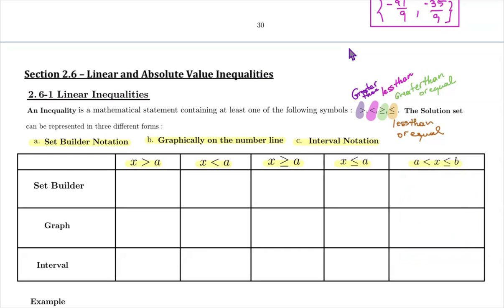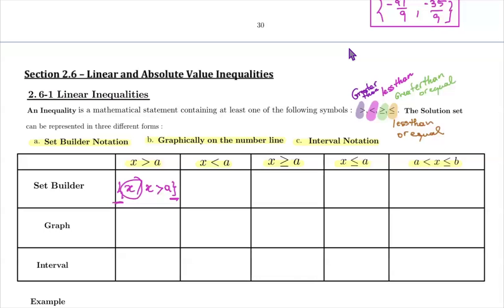For the set builder notation, you are describing the set of solutions. It will be the set of all x values such that x is greater than a. Obviously, you see that I copied the same inequality that I had from the solution. I just define the set of solution by writing it using the braces.